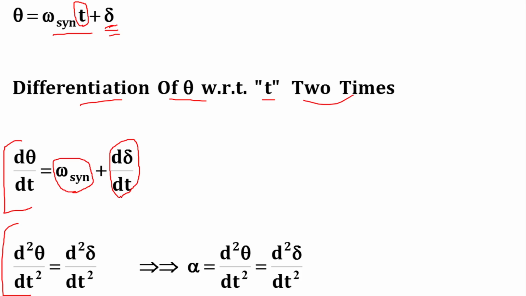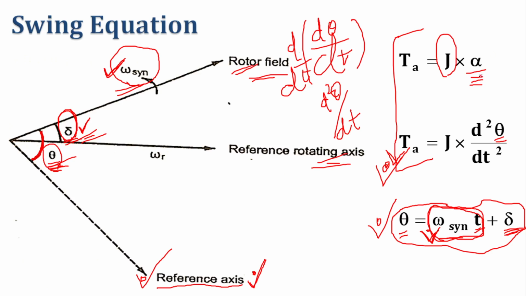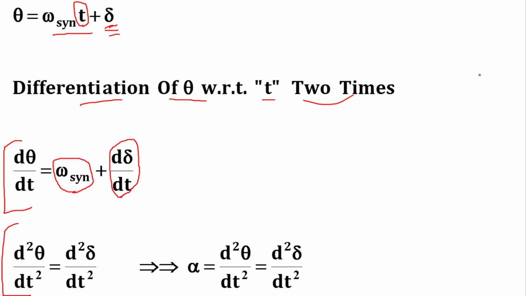Now you can see over here that alpha is equal to d square theta by dt square, and its value is equal to d square delta by dt square. Two times differentiation of angle theta gives d square delta by dt square. So please make a note of this equation, we will use it in our later derivation.